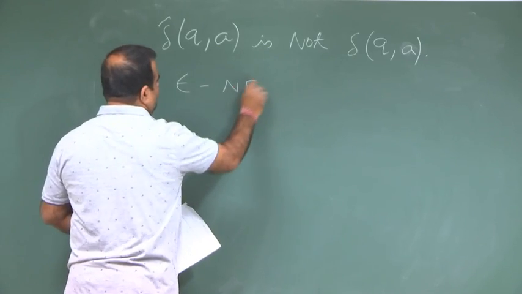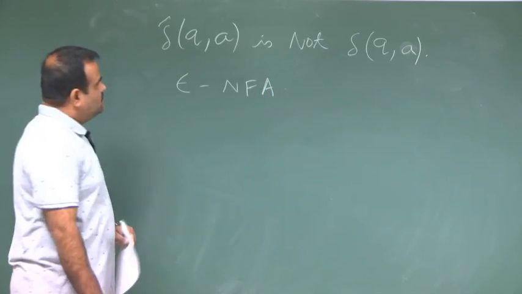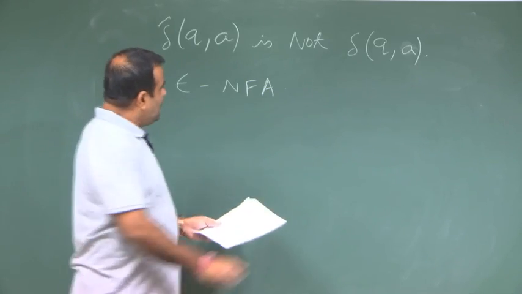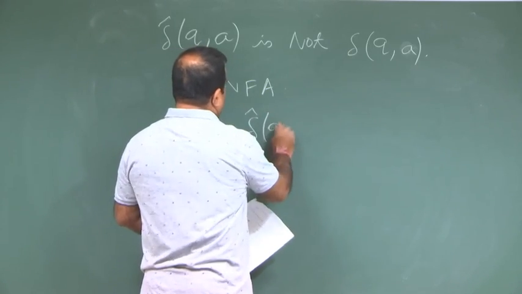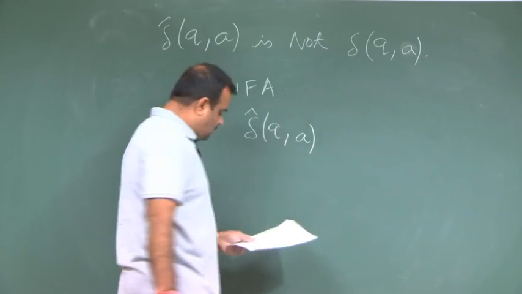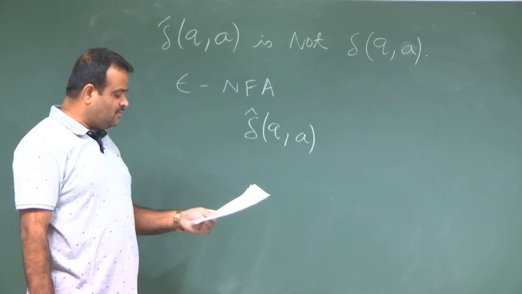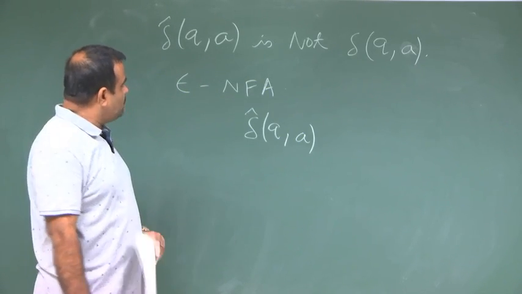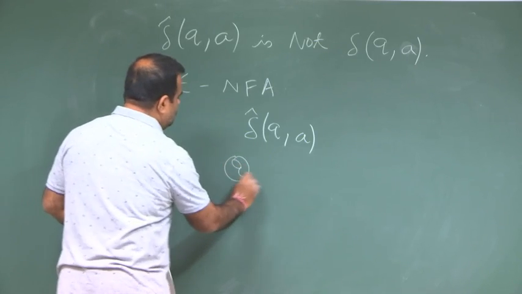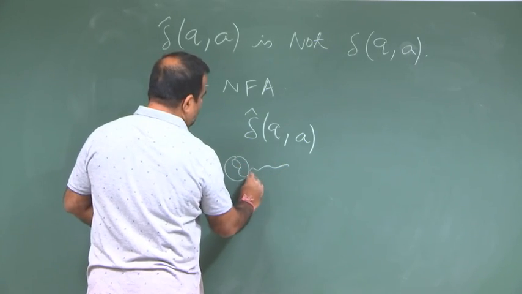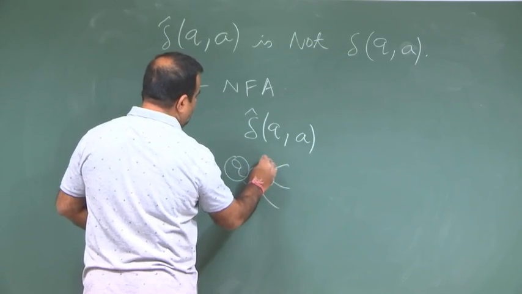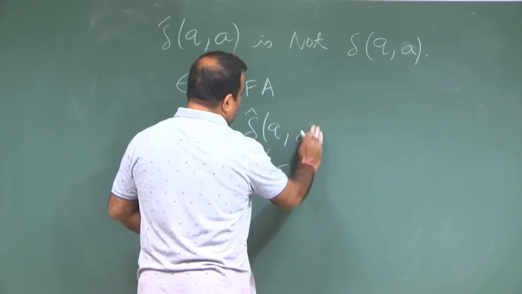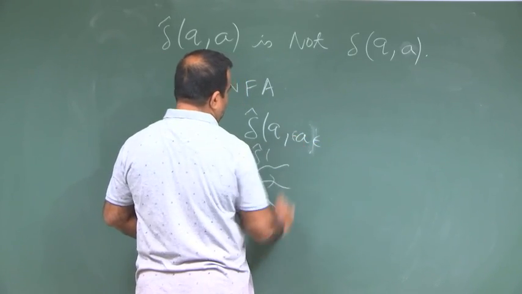For epsilon NFA, delta hat of Q comma A is the set of all states reachable from Q by a path labeled by A, including the epsilon paths.